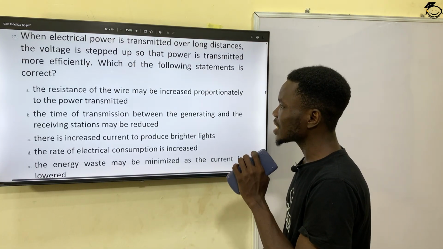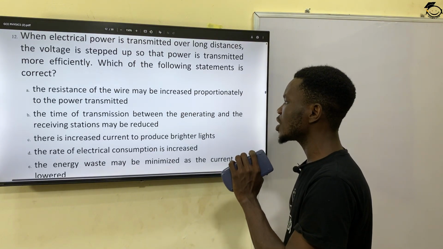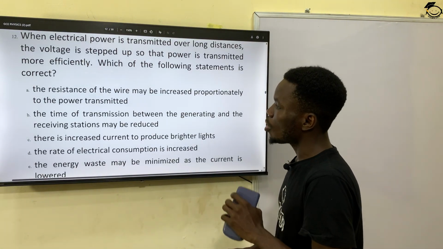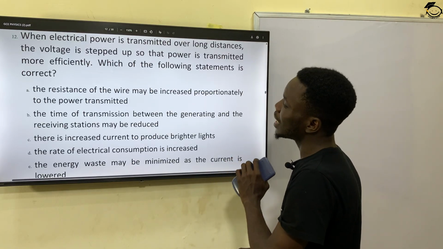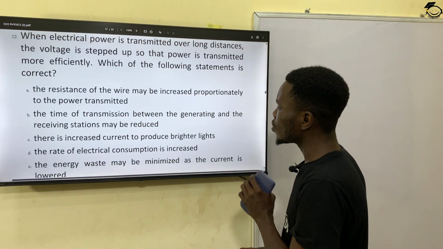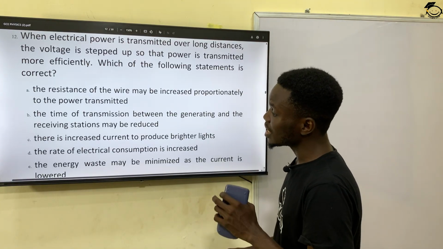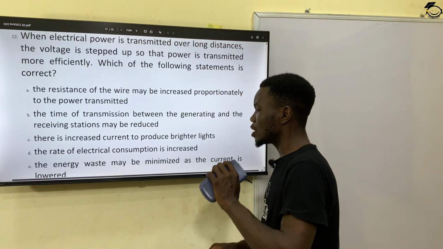Option B says, the time of transmission between the generating and the receiving stations may be reduced. Option C says, there is increased current to produce brighter light. Option D says, the rate of electrical consumption is increased. Option E says, the energy waste may be minimized as the current is lowered.